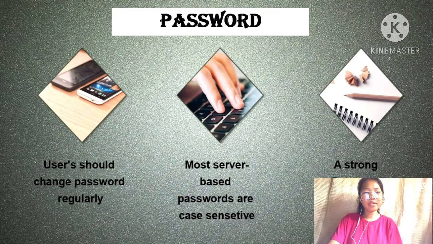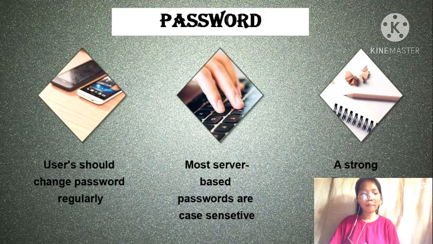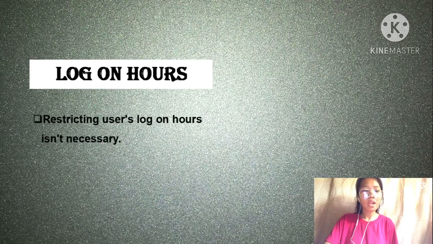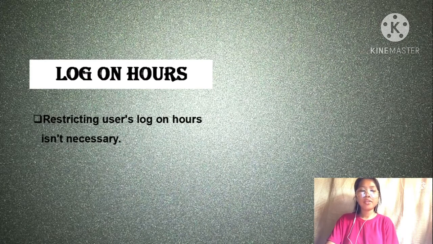Many experts suggest that when generating passwords, you need to come up with a very strong password. This could be a combination of lowercase and uppercase letters, one or more numbers, or one or more punctuation characters. For the log-on hours, restricting users' log-on hours isn't really necessary.